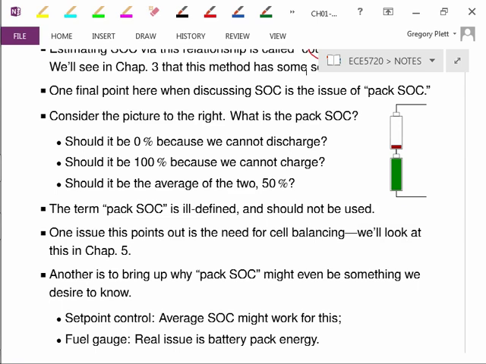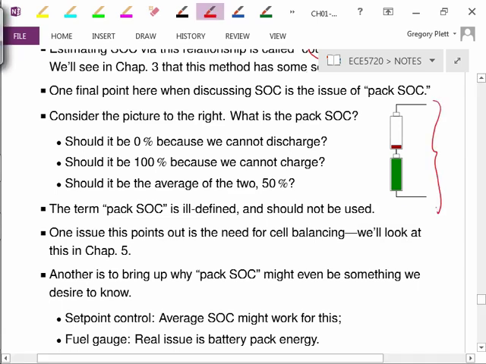There's a real meaning to cell state of charge, no questions. Battery pack state of charge is a different animal, and I use a very trivial example. This will come up several times in this course, to show just how silly the idea of pack state of charge really is.